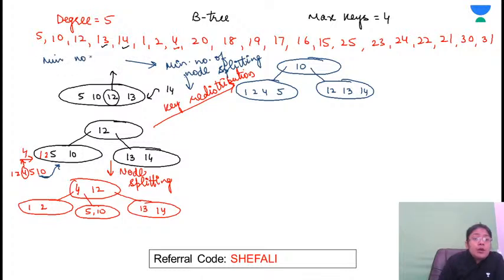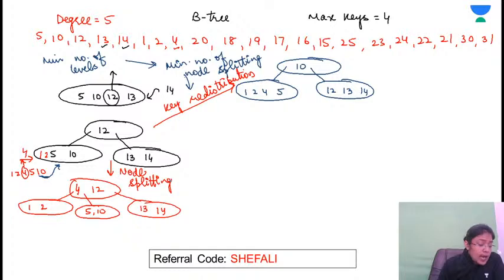If they ask for minimum levels or minimum number of node splittings, something like this, then you have to use the concept of key redistribution. So it depends on the question, what they are asking in the question. You can either go for node splitting or key redistribution.